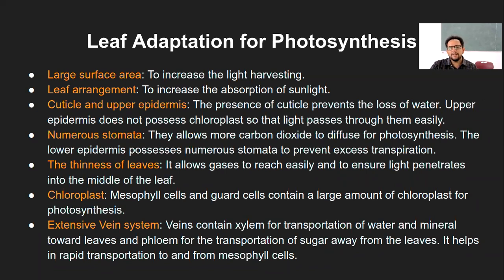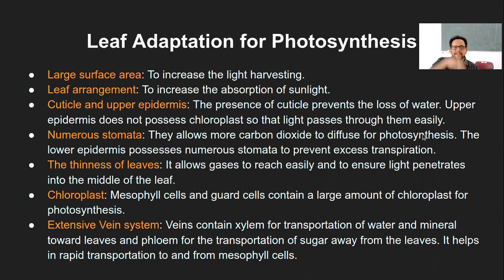Cuticle and upper epidermis. Now again, the presence of this cuticle will ultimately prevent the loss of water because it's a waxy material, and this we had seen in transpiration earlier. So the upper epidermis does not possess chloroplasts so that the light passes through them easily. It's a simple phenomenon.